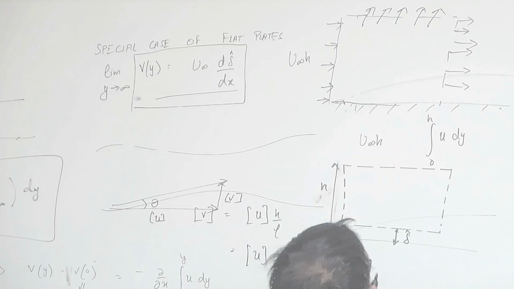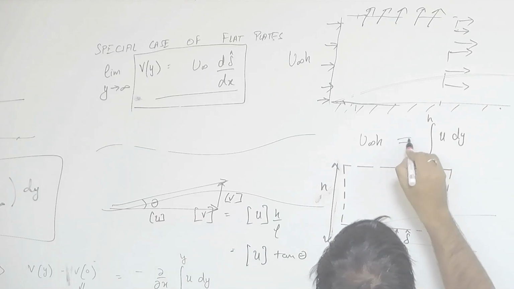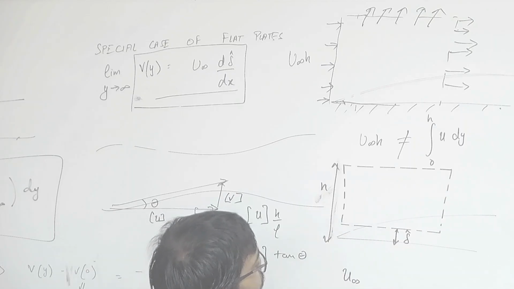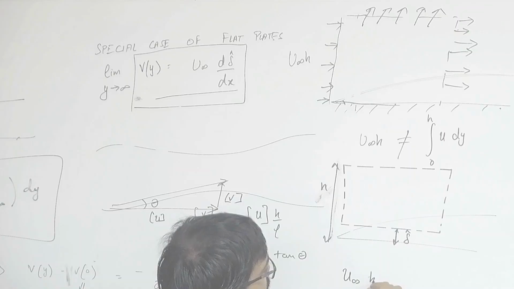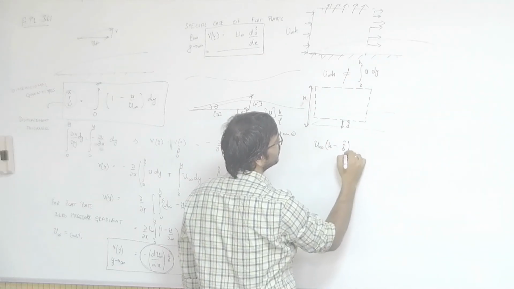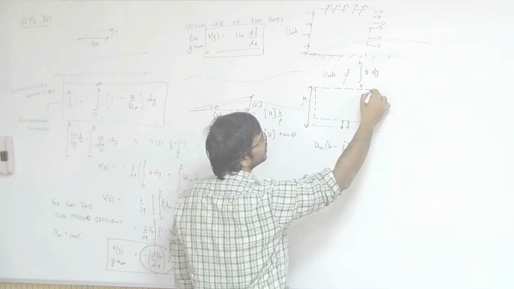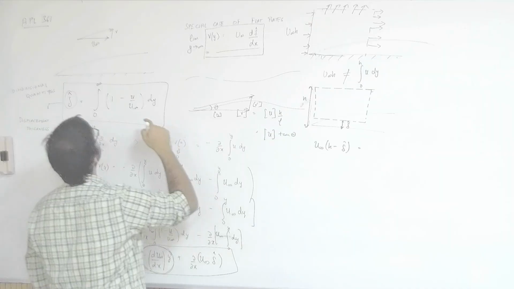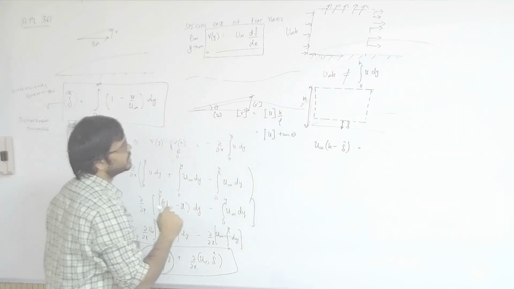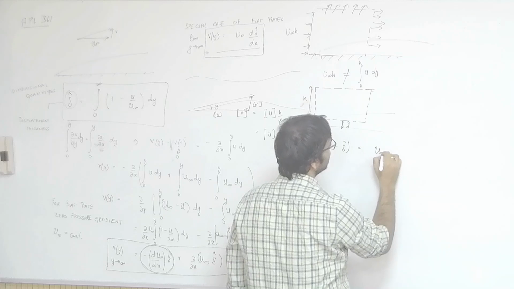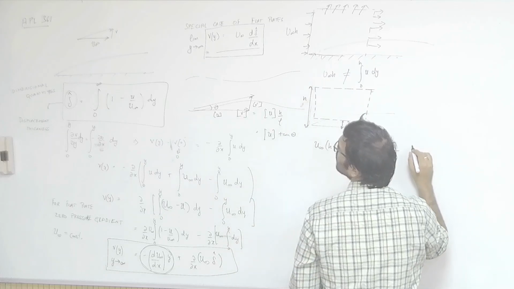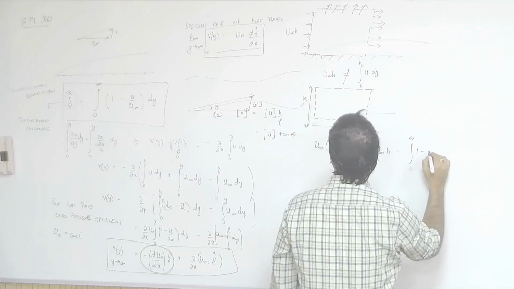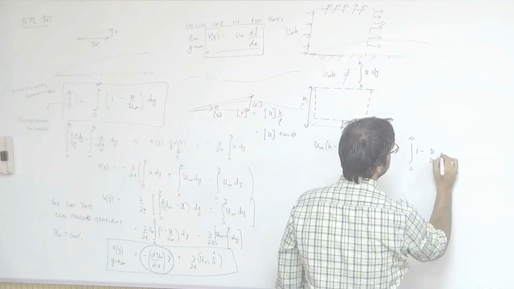This is not equal to this, but if you did the integration of u infinity times h minus delta hat, and substitute delta hat, this becomes u infinity h minus the integral from 0 to infinity of 1 minus u by u infinity dy.